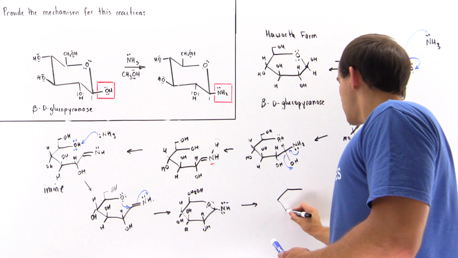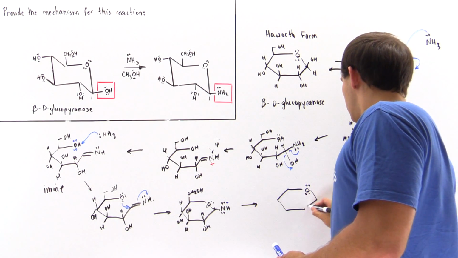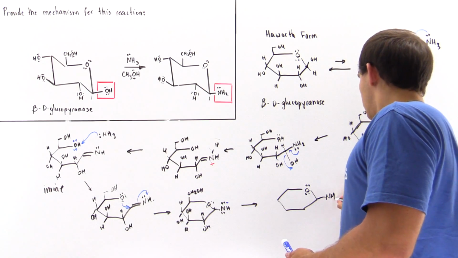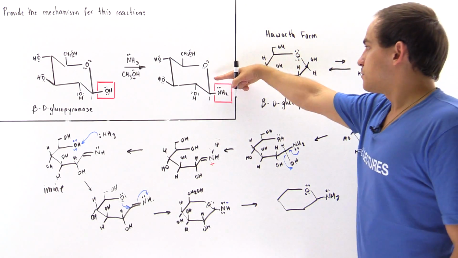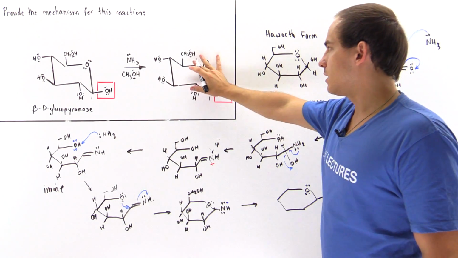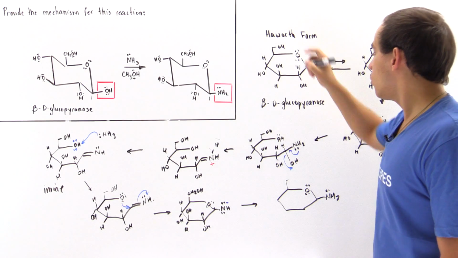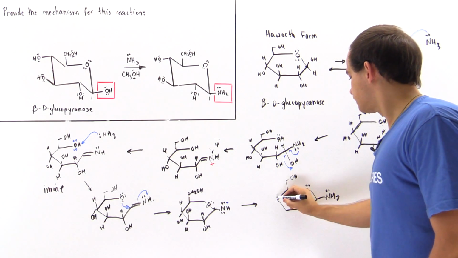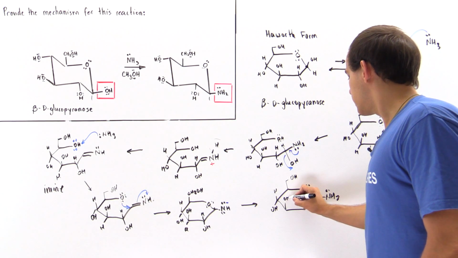So our final product looks something like this, which is exactly what this molecule here is, except this molecule is in the chair conformation. This here is in the Haworth form, which is easier to draw, and that's why I used it.